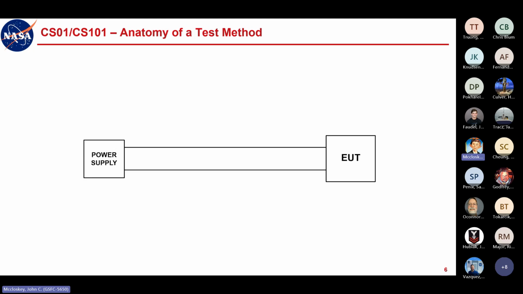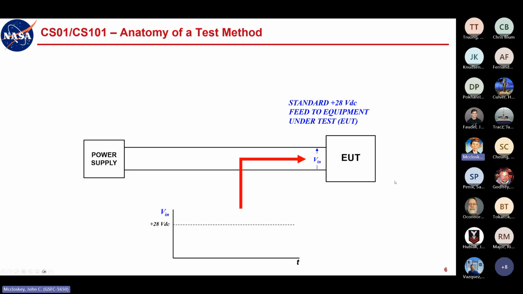But so you'll have some power source and your equipment under test, your EUT. And for most of what we're dealing with on Goddard platforms, we're dealing with a DC power feed. Now all this applies to AC power feeds as well, but mostly we're dealing with DC feeds.